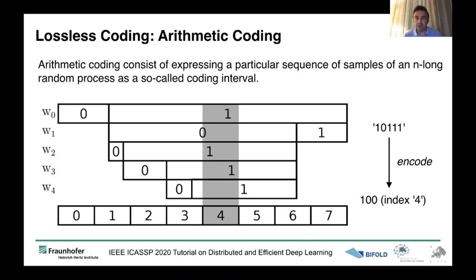It's quite a complicated process to determine these intervals, so I will not go into detail here, but you can quite efficiently decode the original symbols by just checking which numbers fall into the interval. In the binary case, it's even more efficient.